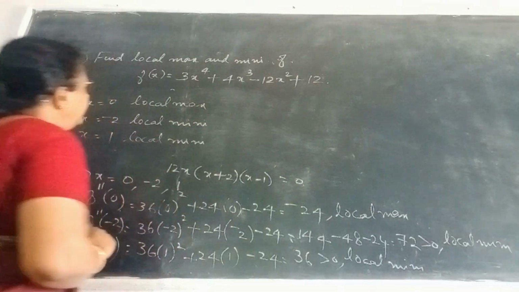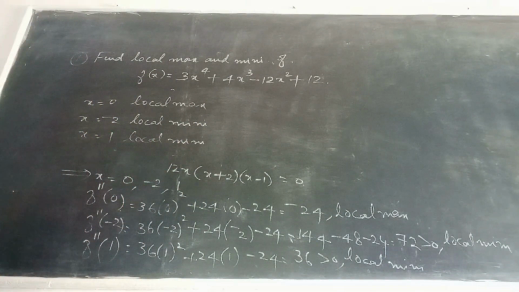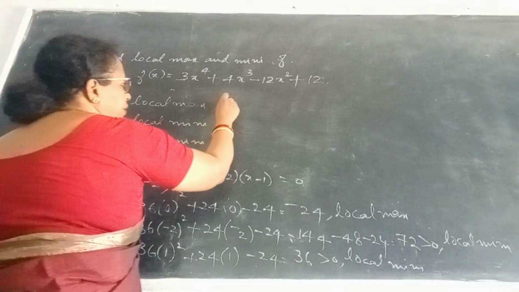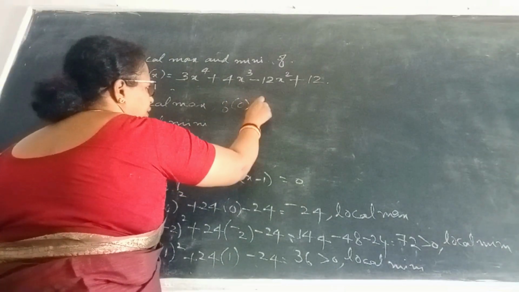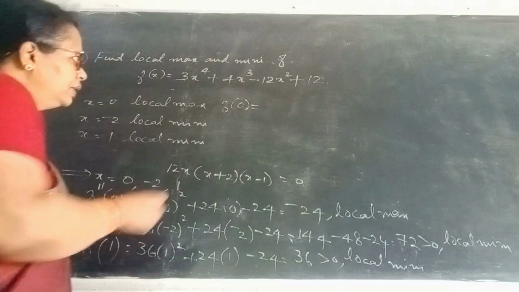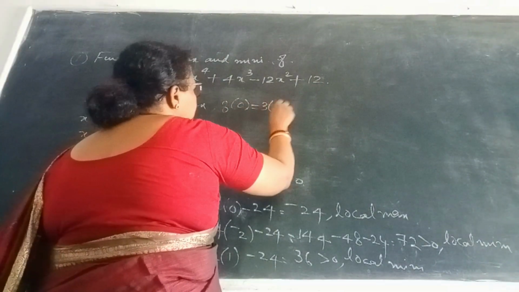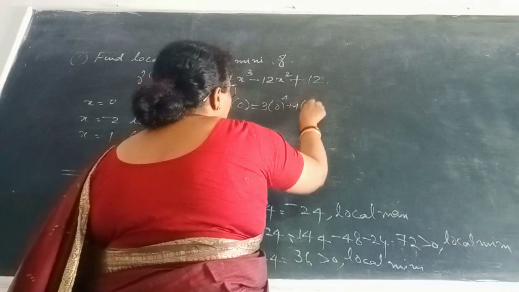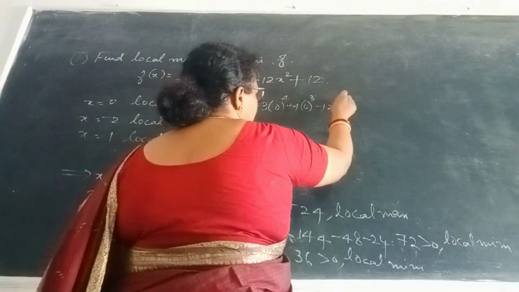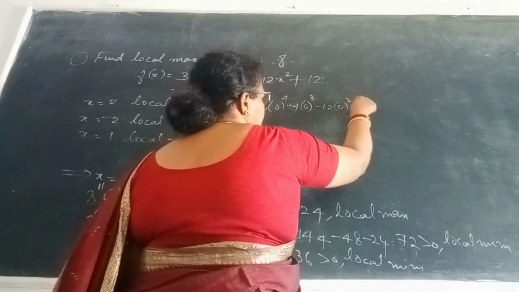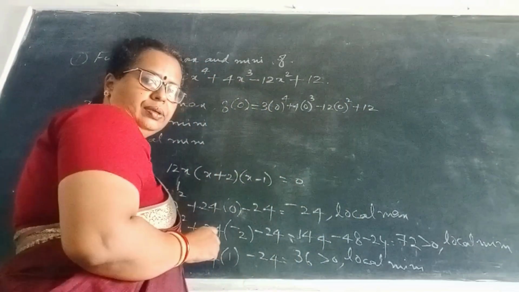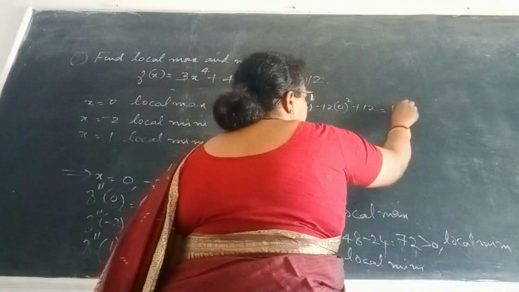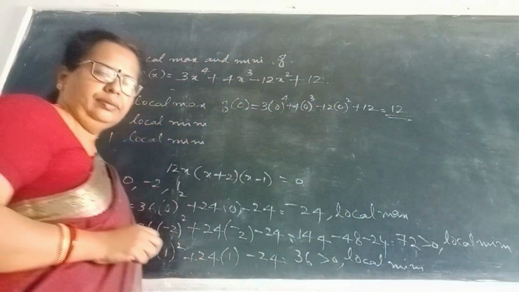And we should get the maximum and minimum values. How to find them? We should find f of 0. f of 0 is 3 into 0 raised to 4 plus 4 into 0 cubed minus 12 into 0 squared plus 12. So the value is 12. The maximum value is 12.